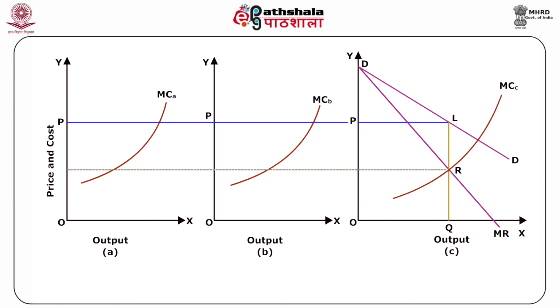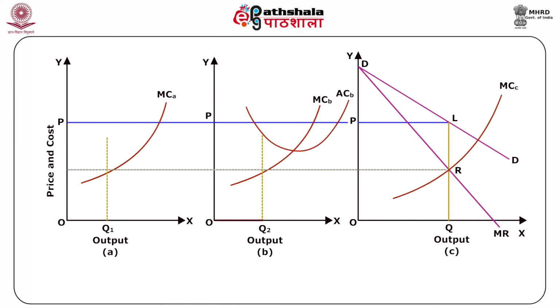Figure 1 shows that both MCs will be equal to each other. That is, MCA is equal to MCB when firm A and firm B produce OQ1 and OQ2 output respectively.